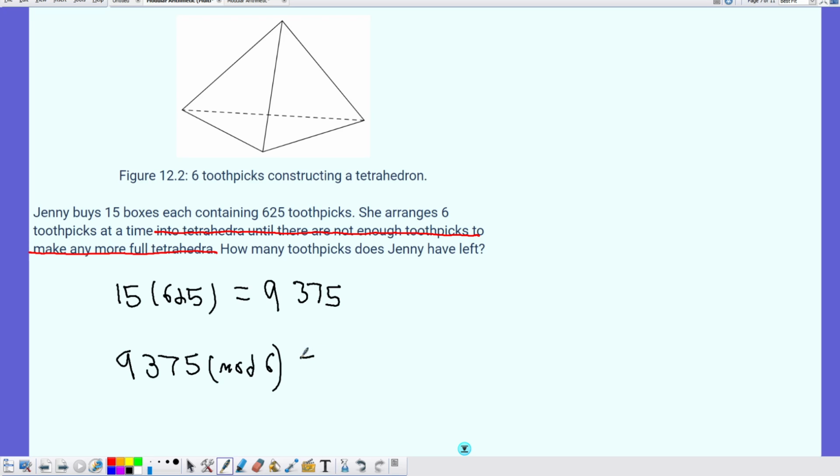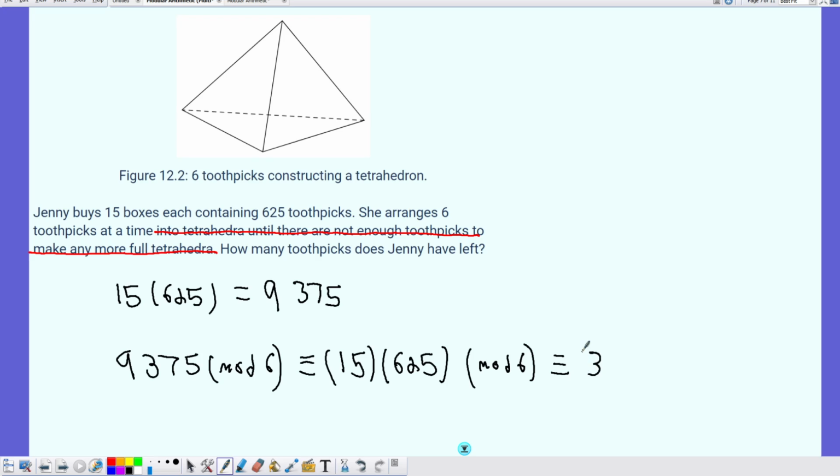Because we're just going to use the fact that it's the product of 15 and 625, and that's going to be mod 6. To make it even simpler, I can find 15 mod 6, which is just 3, because 6 times 2 is 12, add 3 to get 15.